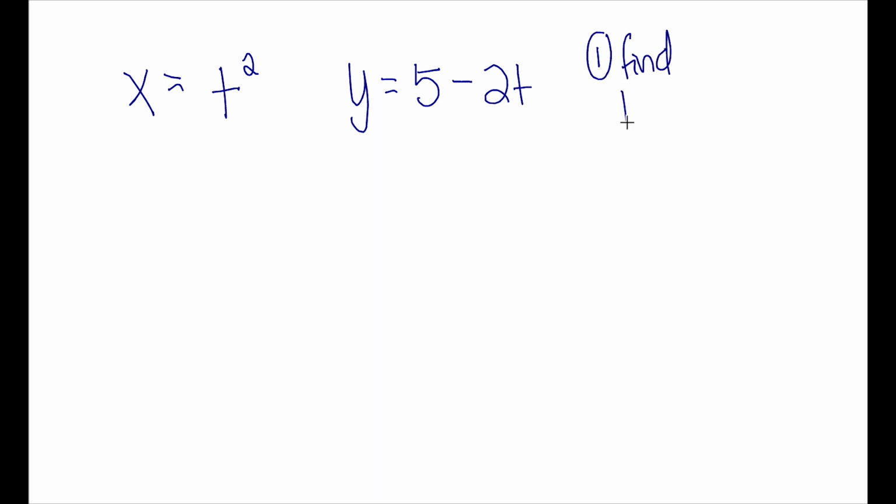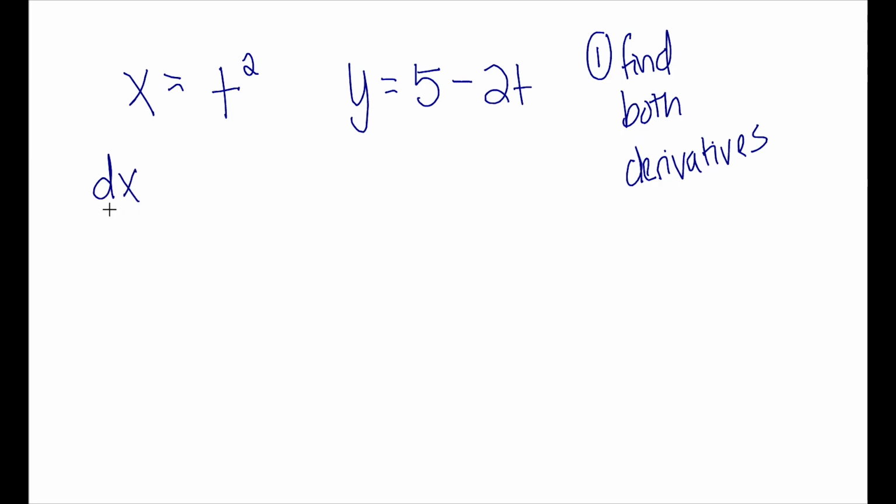Okay, so how are we going to differentiate? In this example, we'll have x equals t squared and y equals 5 minus 2t. So the first thing you're going to do is find both derivatives in terms of t.